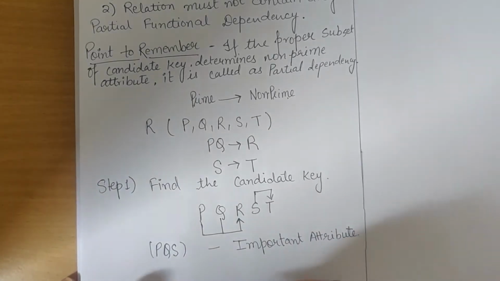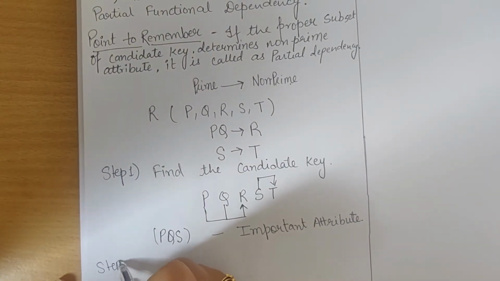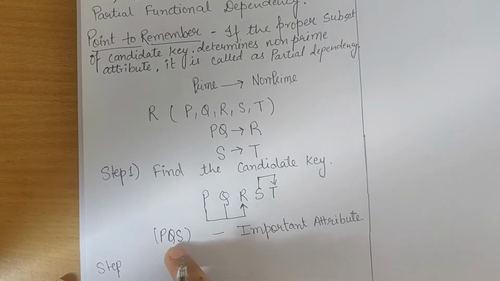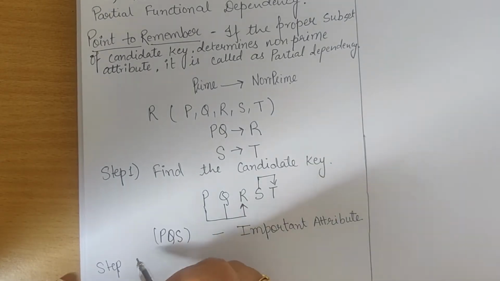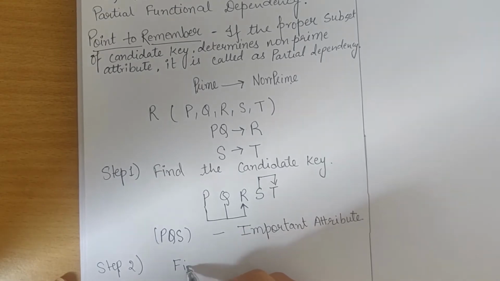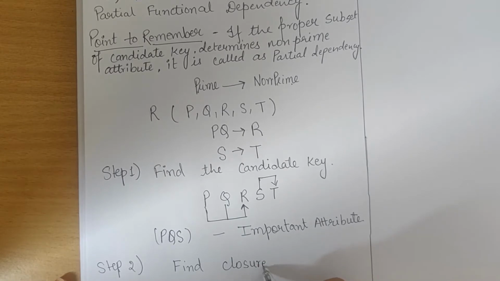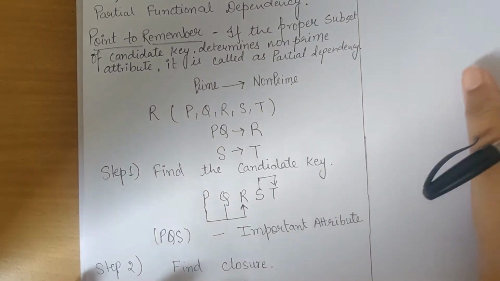Okay. So second step is to find the closure for these important attributes. So step number 2, find closure. Let's find closure.